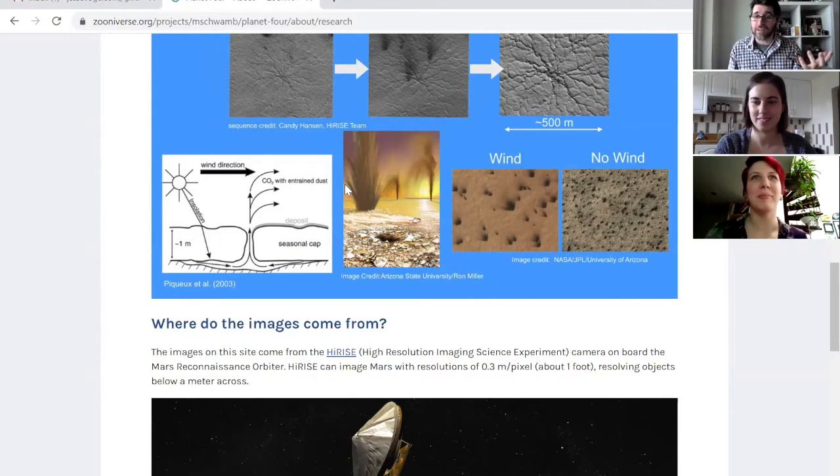If there is wind, then the dirt and dust carried along with it will go downwind and create a fan. If there's no wind, then it will just land all in an area, and you get a blotch. So you can get these fans and blotches created by gases escaping from ice as the summer comes to the south of Mars.